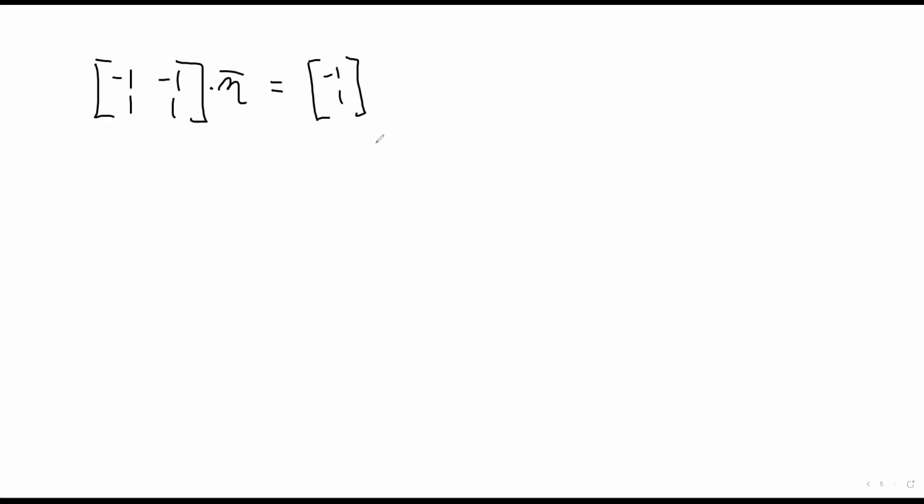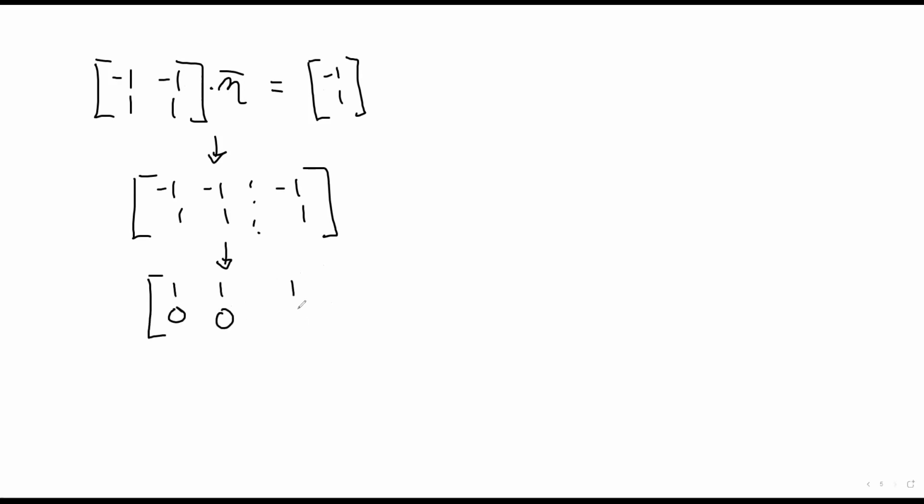Once we've done that, we can turn this into an augmented matrix. So we get -1, -1, -1, and then 1, 1, 1. Then we can go through and do our row reduction. So we get 1, 1, 1, 0, 0, 0.